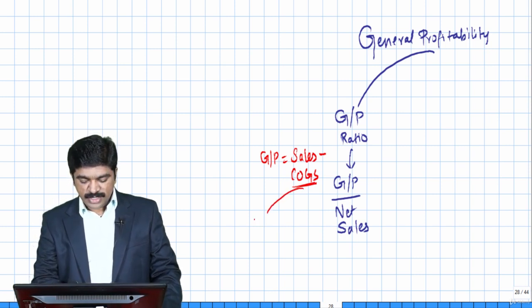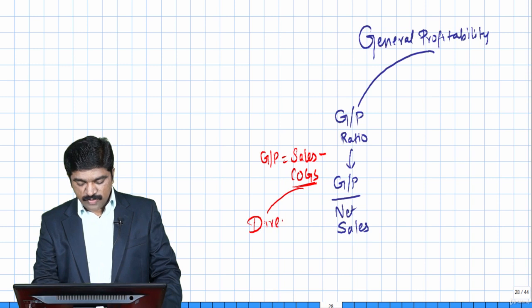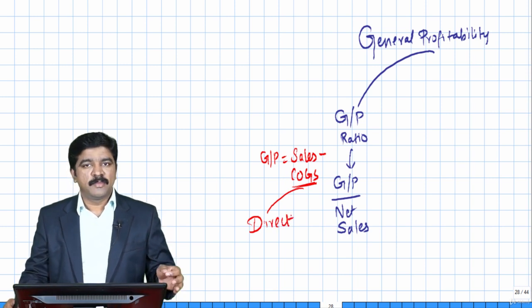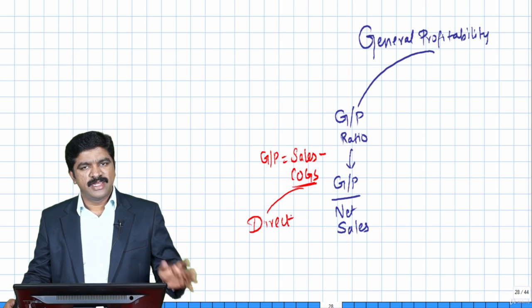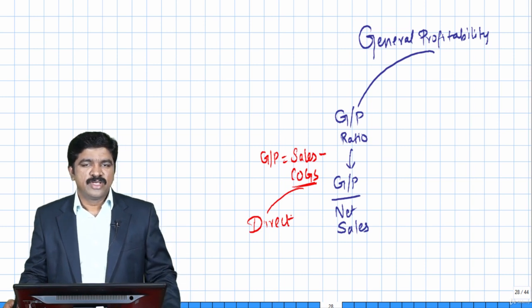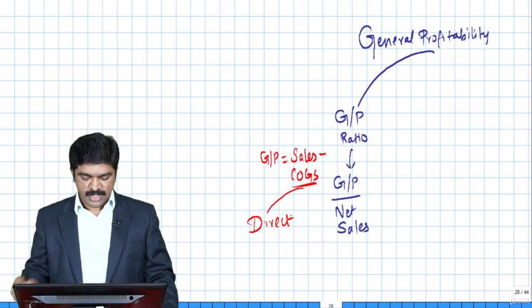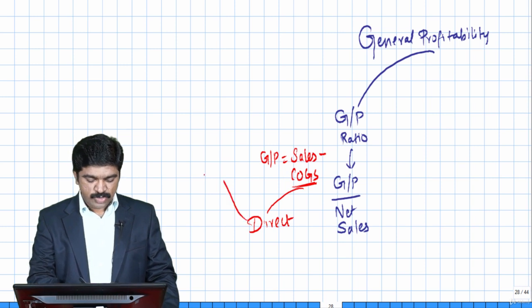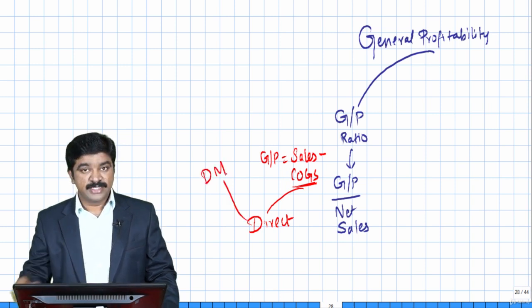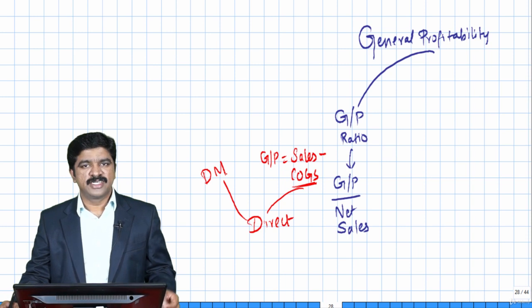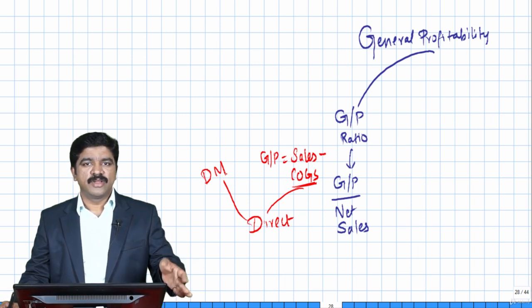So what is cost of goods sold? Cost of goods sold is nothing but the direct cost which are incurred in manufacturing the goods, or say rendering the service. So what is direct cost? Direct cost can be split into direct material cost, that is the materials which were purchased for manufacturing this particular product.